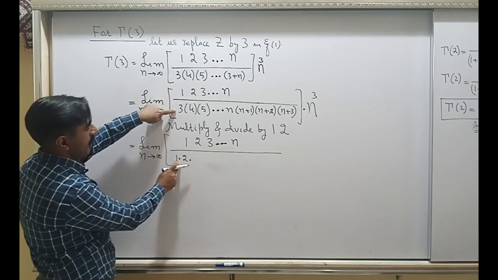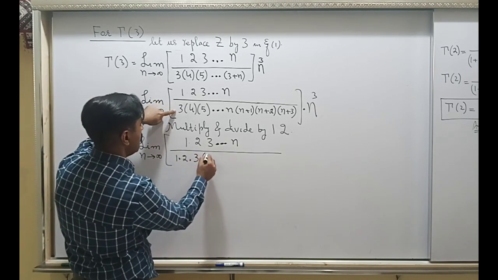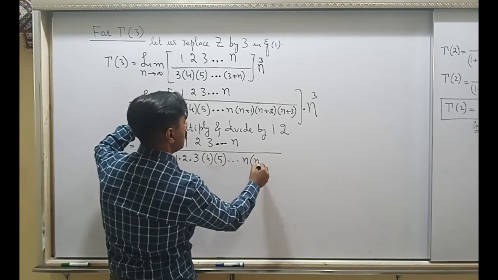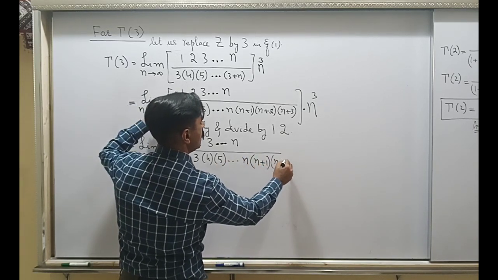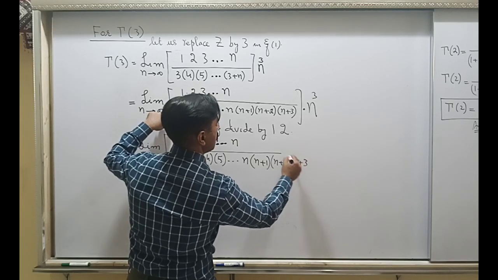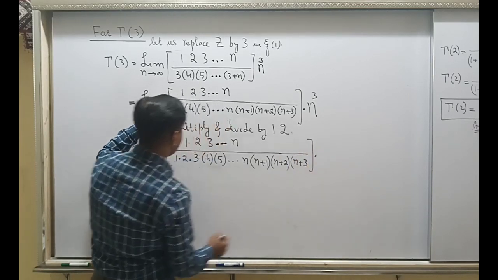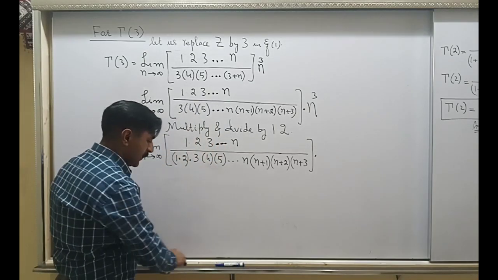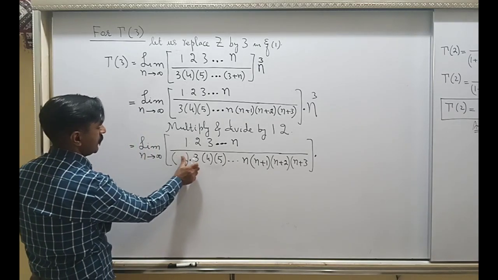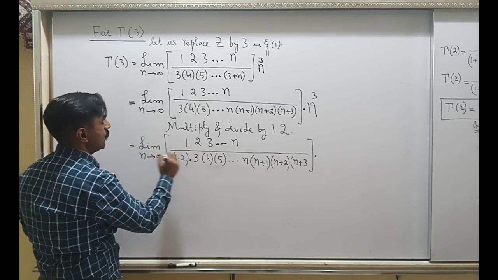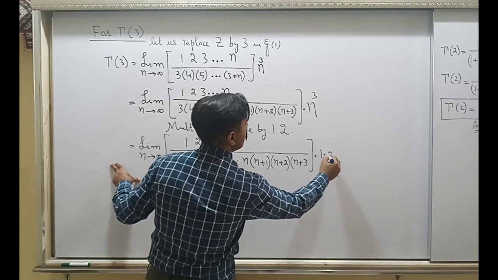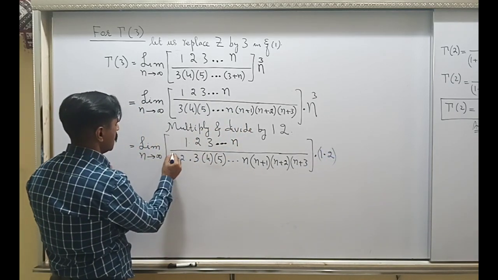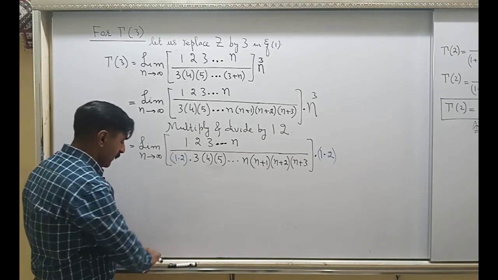Here we are first dividing 1 into 2 into 3 into 4 into 5 up to n into n plus 1, n plus 2, n plus 3. And you need to multiply with these 1 and 2. Let me change their color. 1 into 2, 1 into 2. So these have been multiplied and divided.